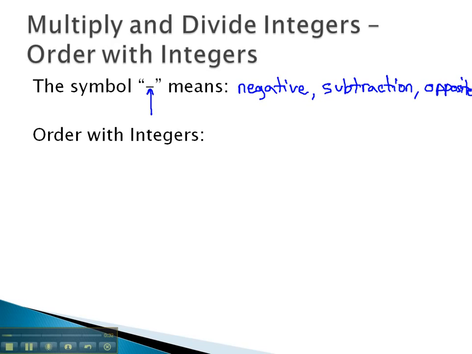They all mean the same thing. They're all synonyms. And if we keep that in mind as we work with the order of operations, it'll help us simplify a problem. The order with integers is still the same as before.